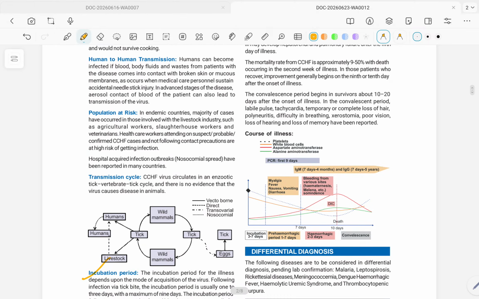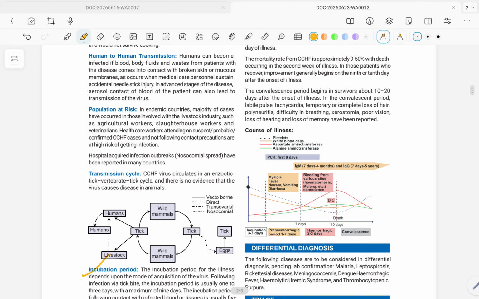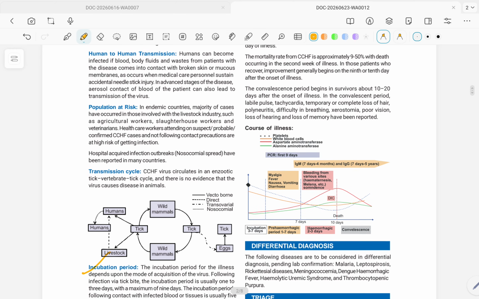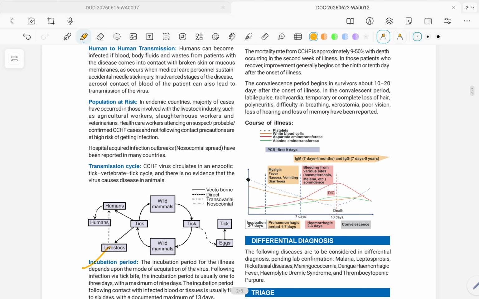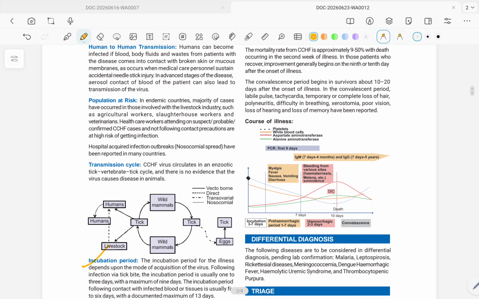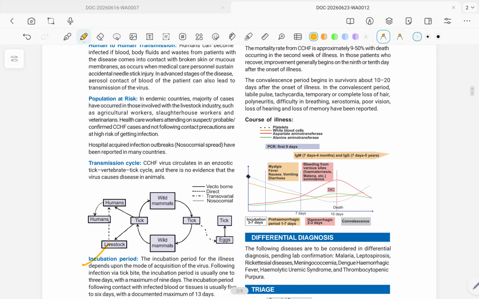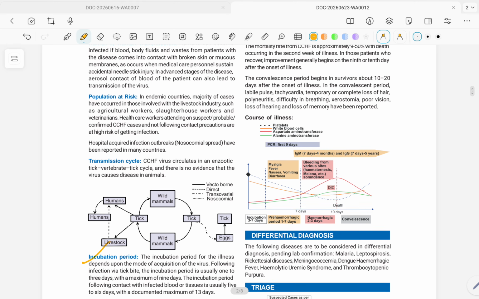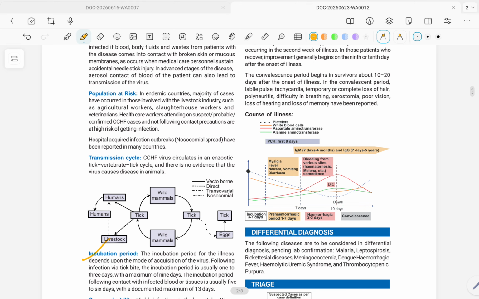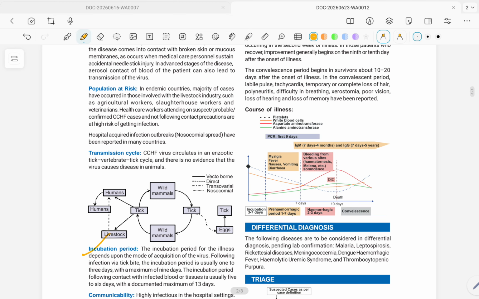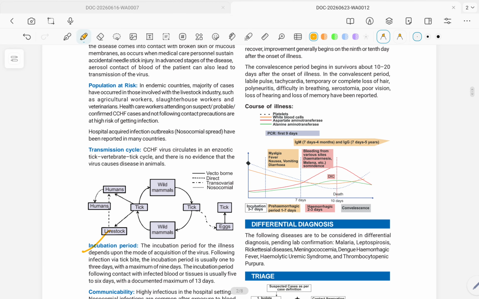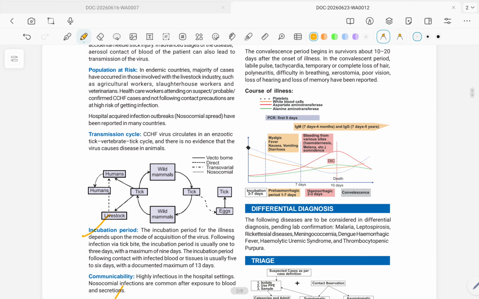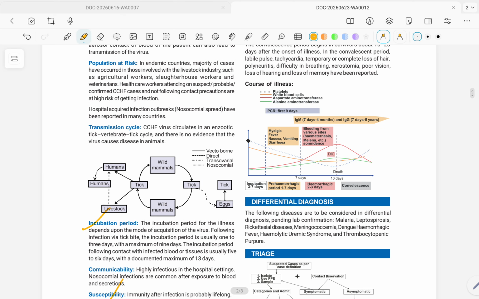The convalescence period begins in survivors about 10 to 20 days after the onset of illness. In the convalescent period, labile pulse, tachycardia, temporary or complete loss of hair, polyneuritis, difficulty in breathing, xerostomia, poor vision, loss of hearing, and loss of memory have been reported.